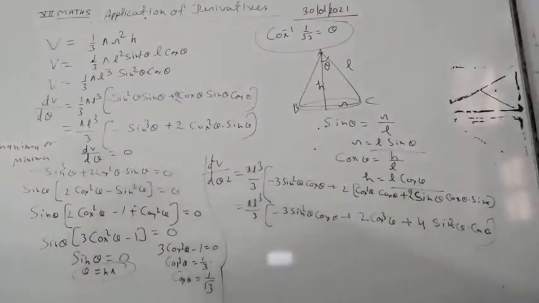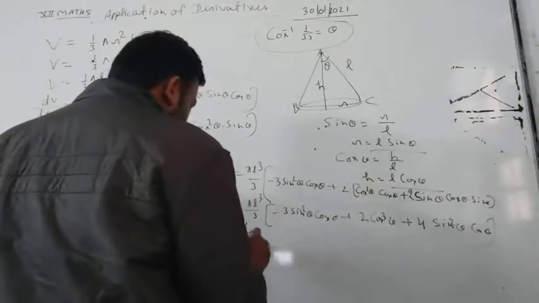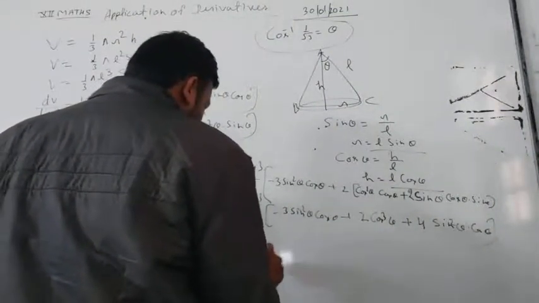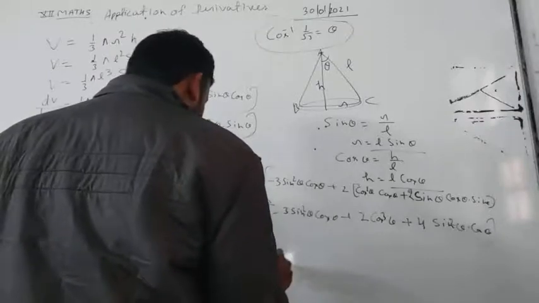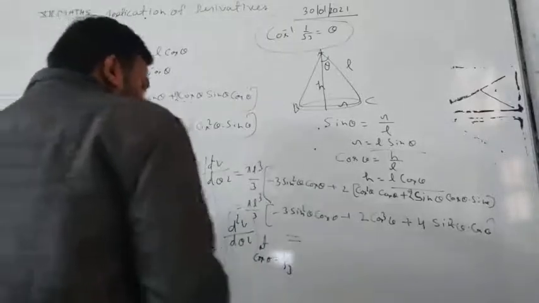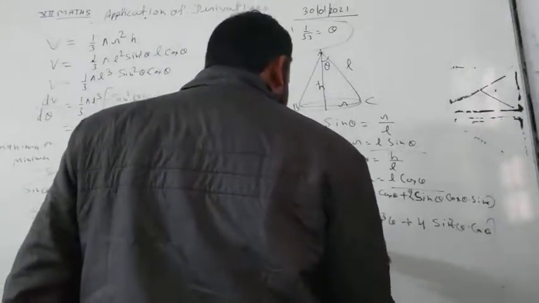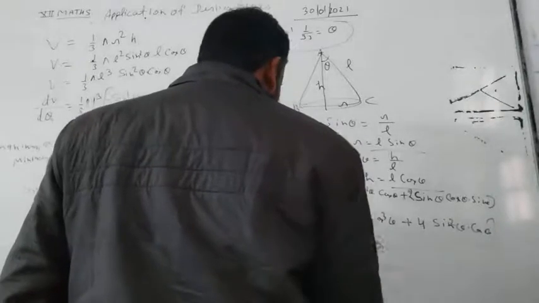So d2V by d theta square at cos theta equal to 1 by root 3, we are seeing that this term is less than 0, that is negative.